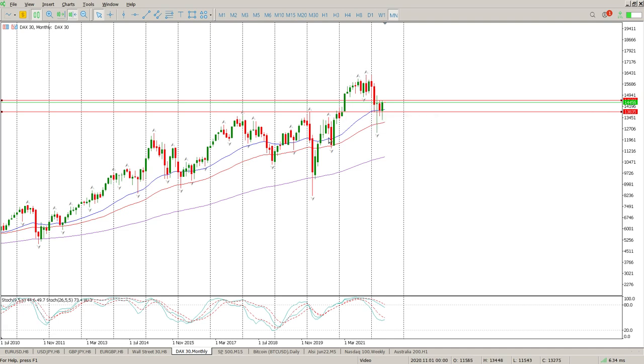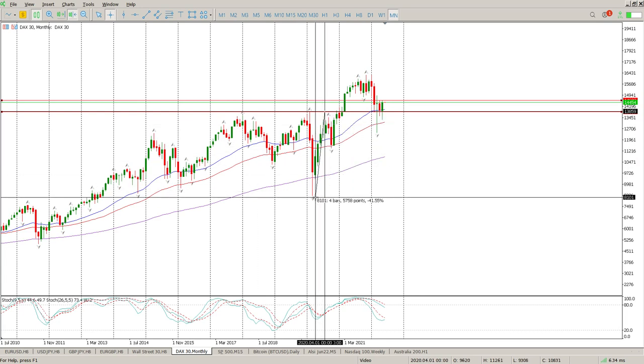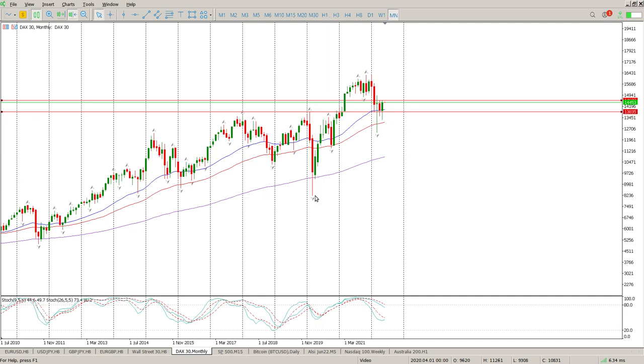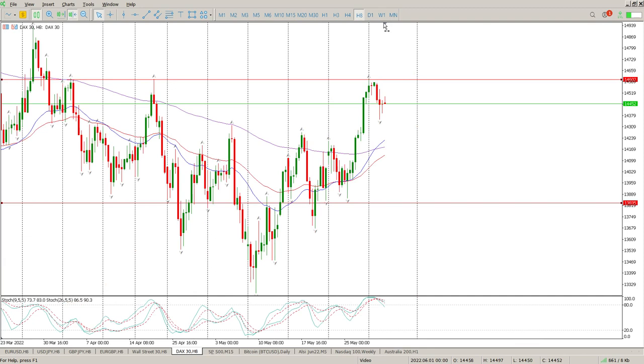From a macro perspective, the logic dictates that this is a continuation of this consolidation pattern that we had here. And that is a massive consolidation pattern. From there to there, that is a 41% move to the upside. So macro view, guys, not going to happen overnight, but that's the view that we've got there.